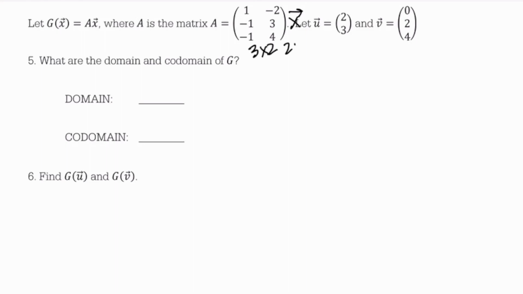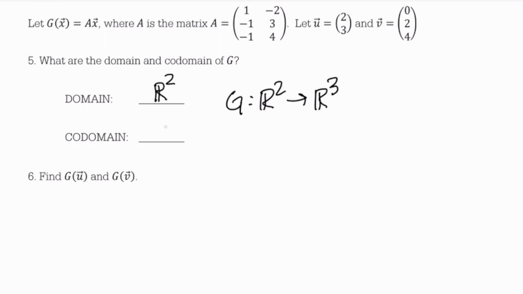We'd have to multiply by a 2 by 1 if it was going to be a vector. That means g takes R2 into R3, because it would give you back a 3 by 1 matrix. So we would say that the domain is R2 and the codomain is R3.